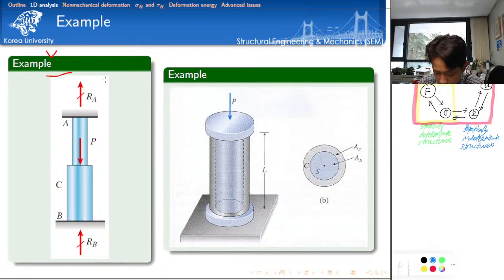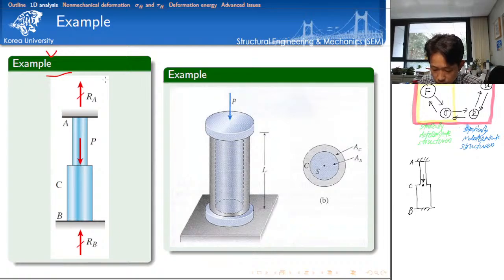Okay, so first we need to idealize the structure, isn't it right? So we have a support here, and then we have this one-dimensional system, and this point is denoted by A, and here C, and then B, and then I have a concentrated load at point C. Okay, this is my structural system.